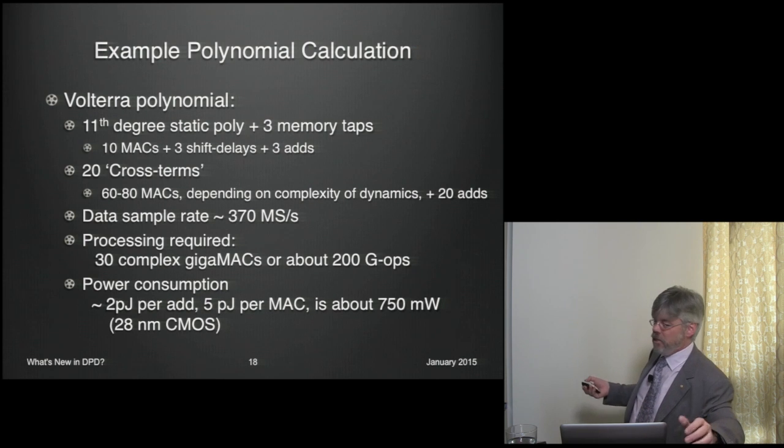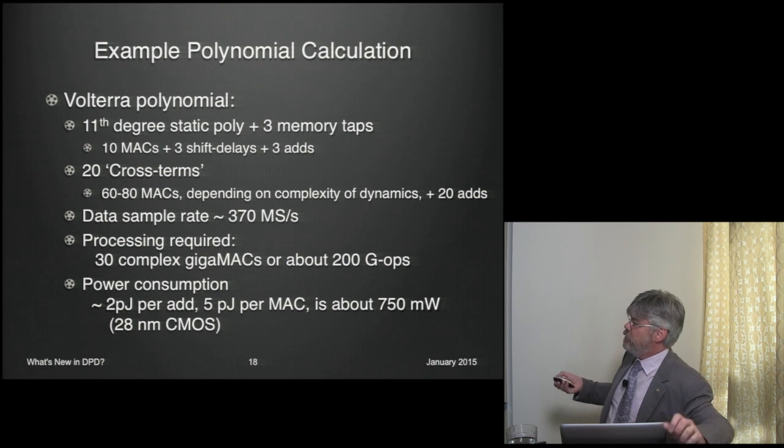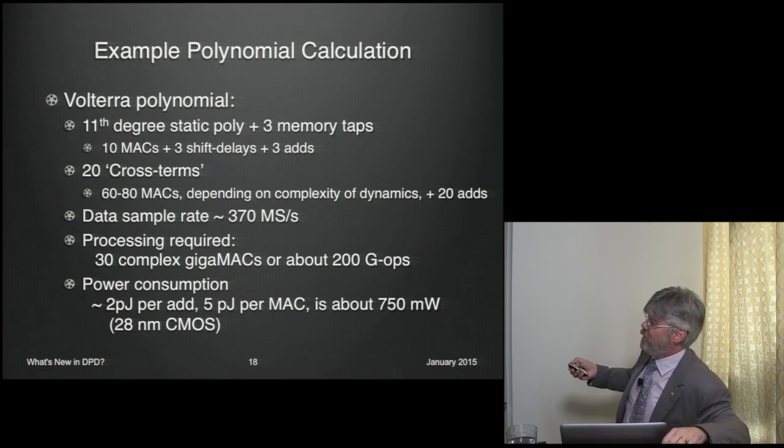So just taking a reasonable polynomial calculation of a predistortor, doing a nonlinear model with a polynomial and some Volterra cross terms. 11th degree polynomials are not uncommon in DPD, it turns out. These are hard to get convergent, but people use them, including me.